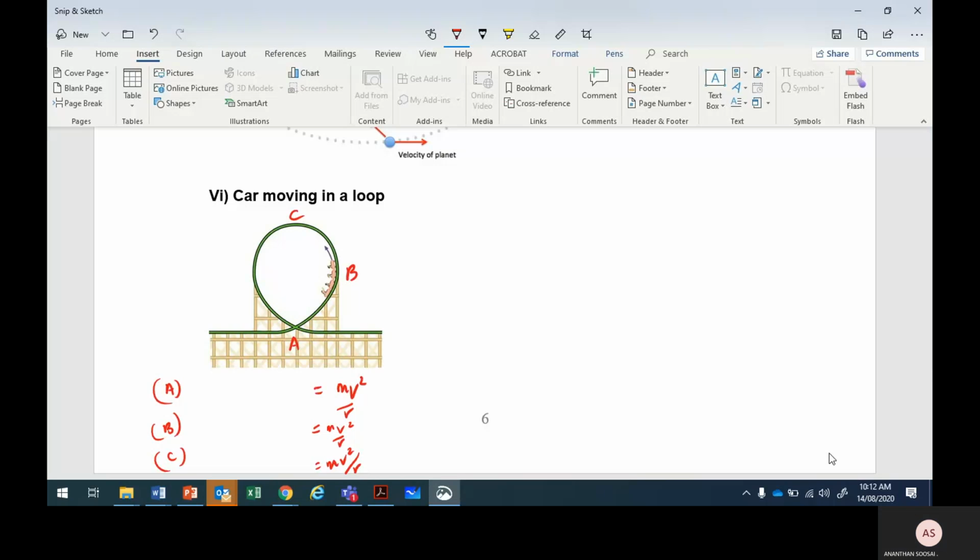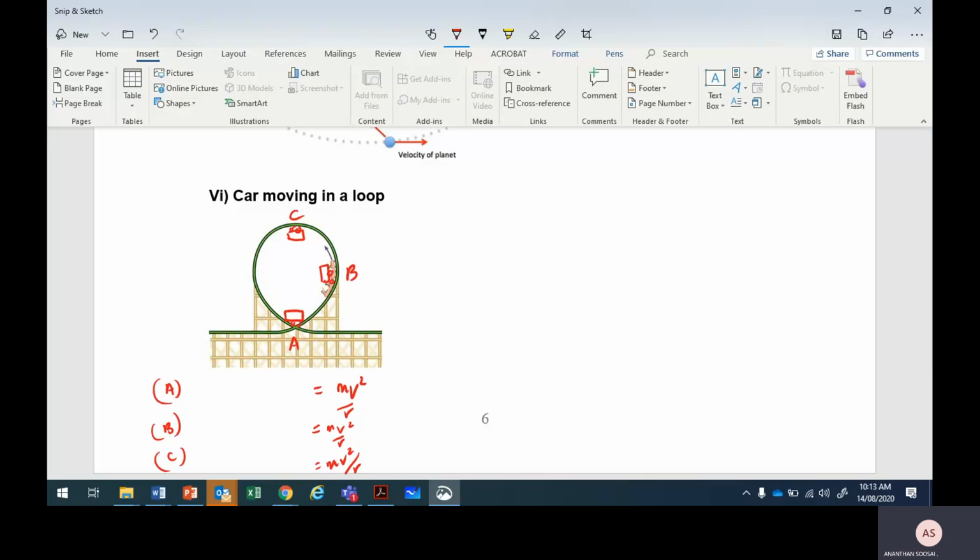Let's draw all the forces acting on that system. A roller coaster here, set here, and it is here, and stop here. What are the forces acting?